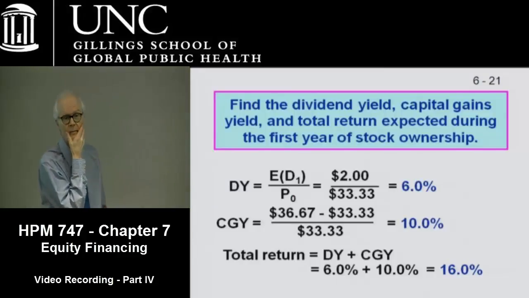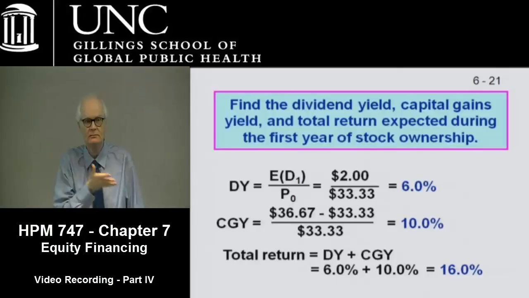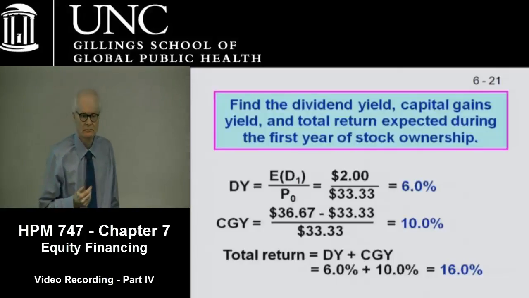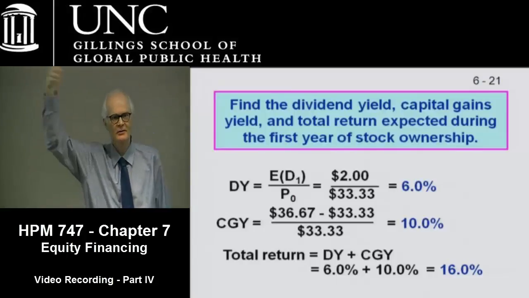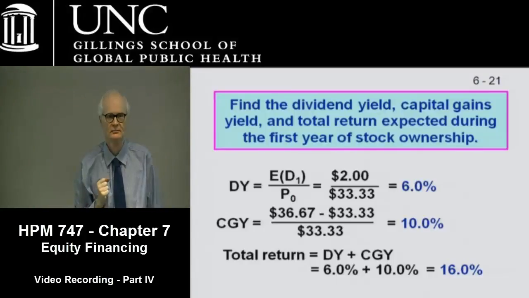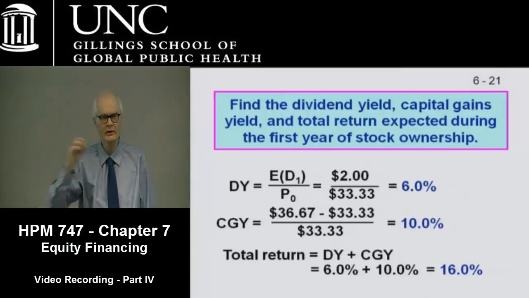Is the dividend growth rate, another term for capital gain yield? It's the growth rate, yes. The capital gain yield is the growth rate applied to the dividends. In other words, the current dividend times 1 plus the growth rate equals the next dividend.